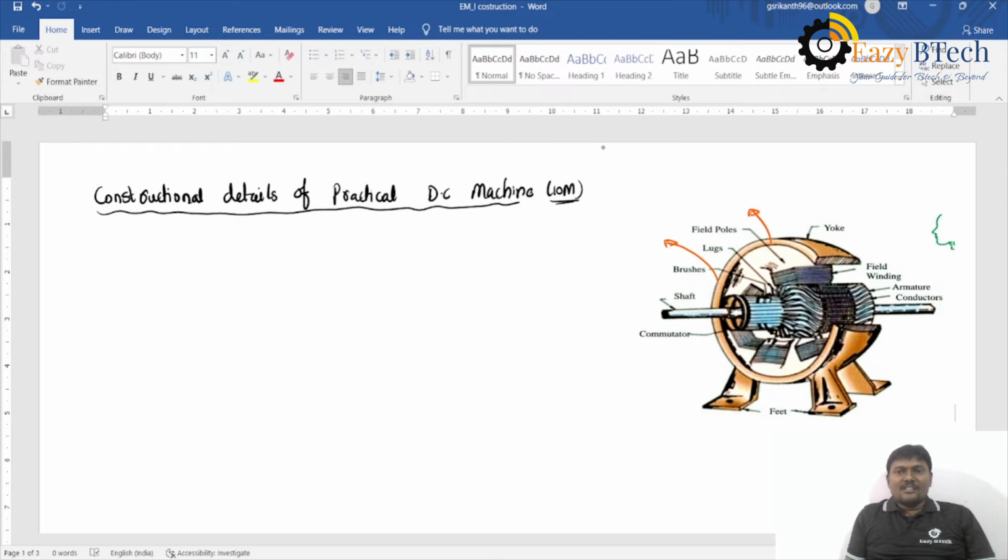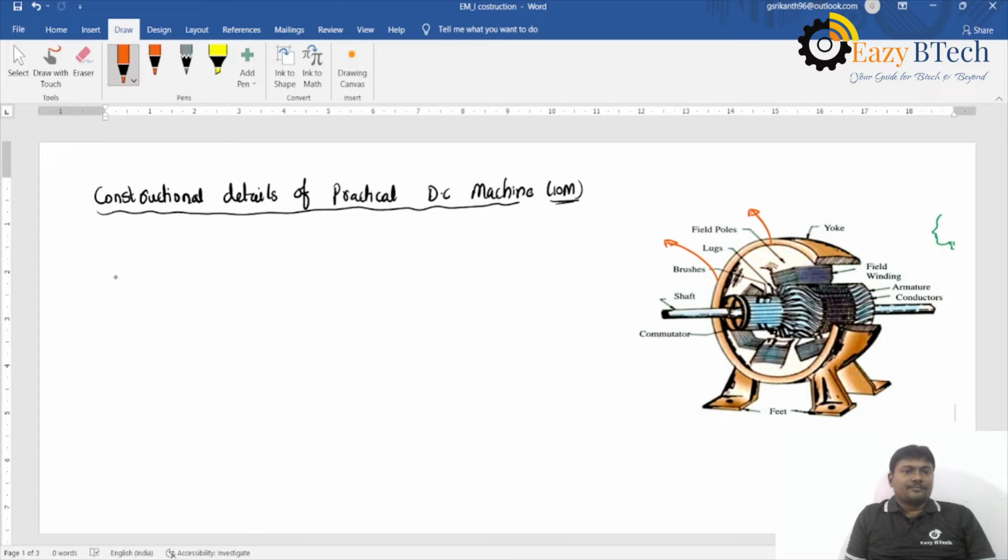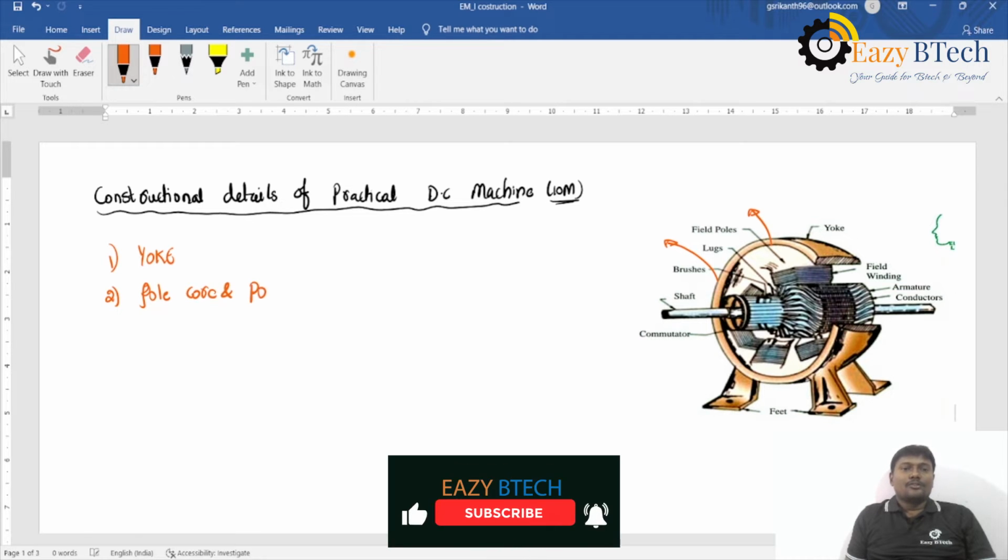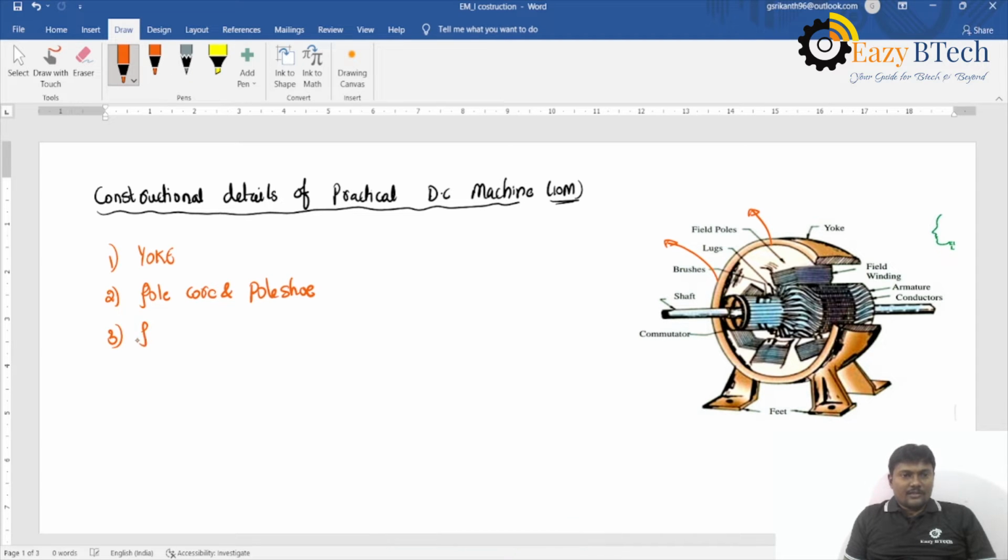So what are the major parts in a DC machine? The first part is the yoke. The second part is the pole core and pole shoe. The third part is the field winding.